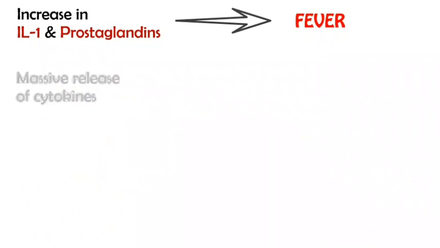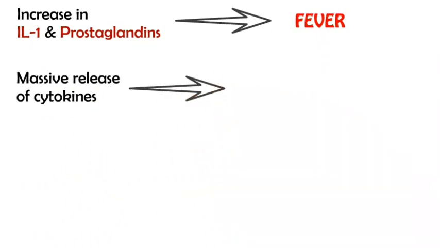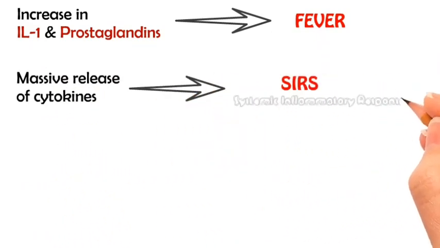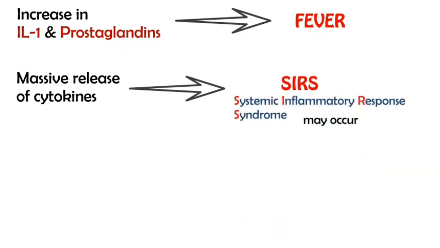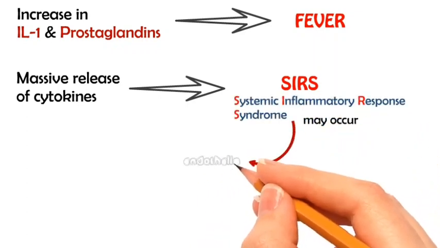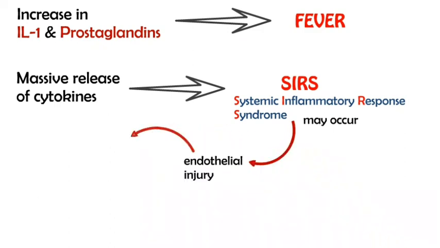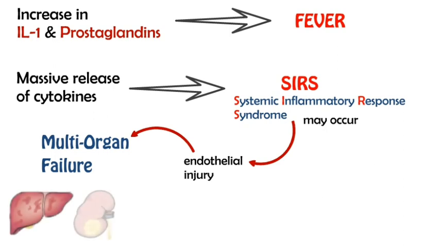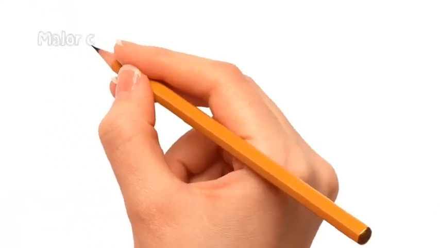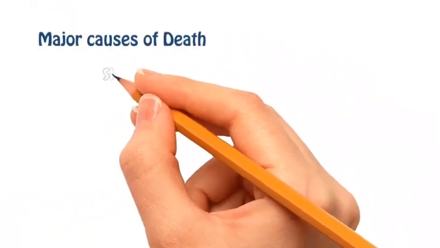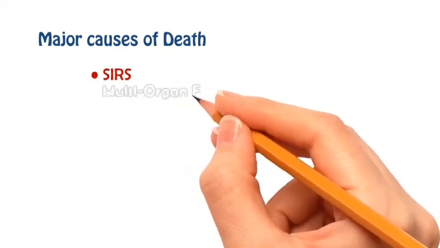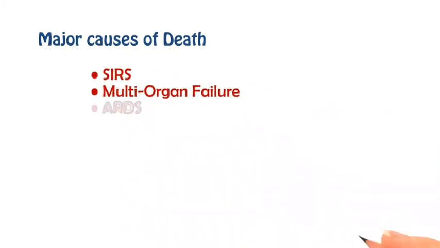Massive release of cytokines may result in systemic inflammatory response syndrome, which may cause endothelial injury, finally resulting in multi-organ failure. The major causes of death include systemic inflammatory response syndrome, multi-organ failure, acute respiratory distress syndrome, and stroke.